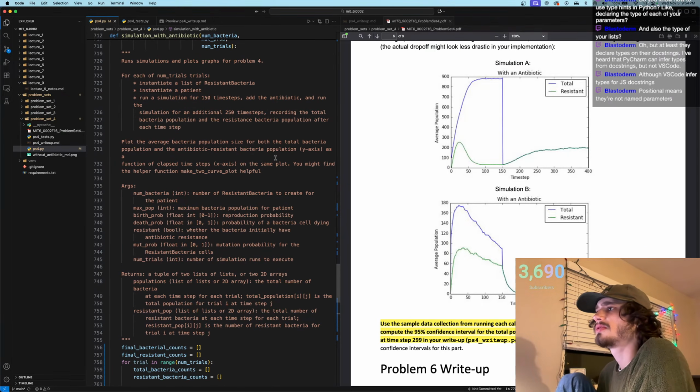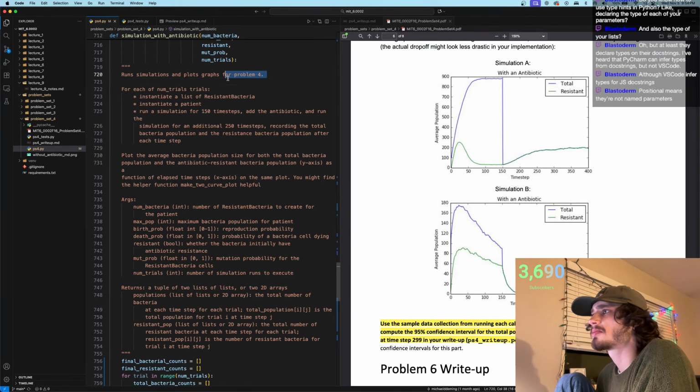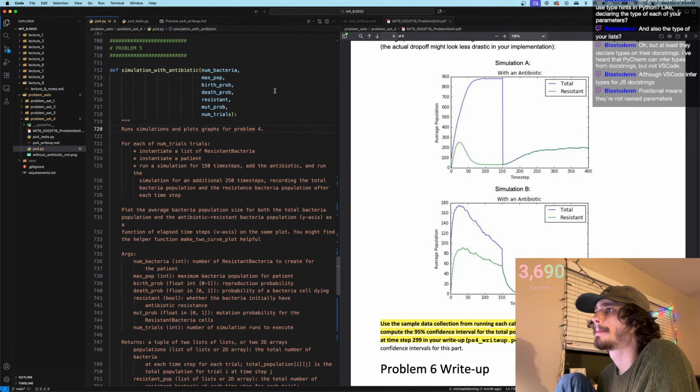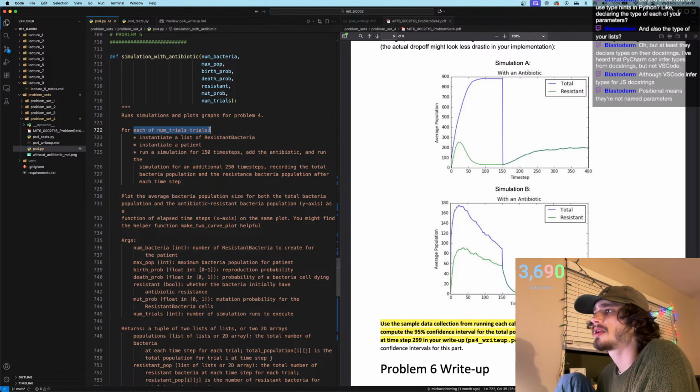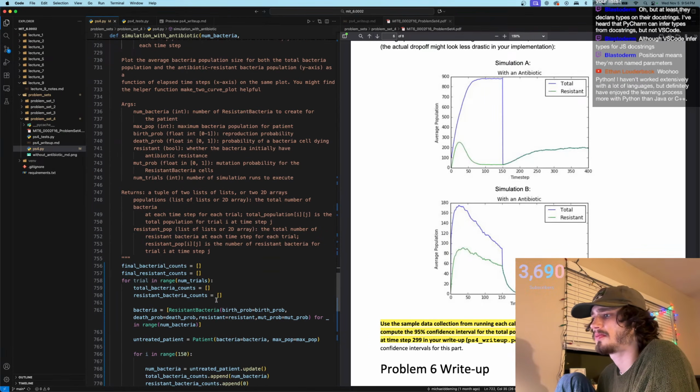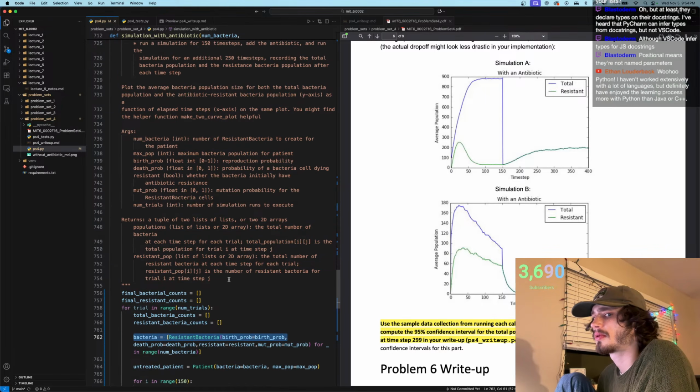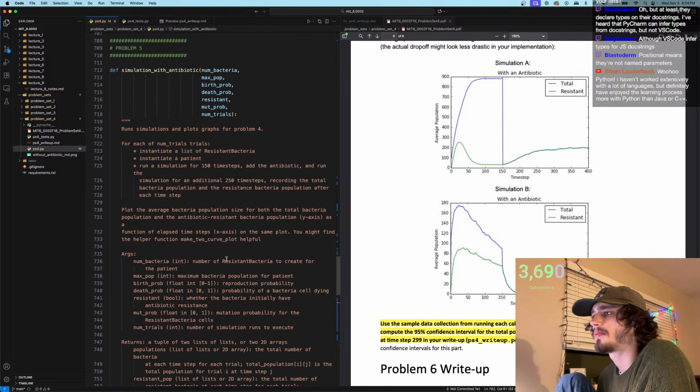Okay, so we're going to run simulations and plot the graphs for problem 4. For each number of trials, instantiate a list of resistant bacteria. Instantiate a patient. Run simulation 150 time steps. Add antibiotic. And run.